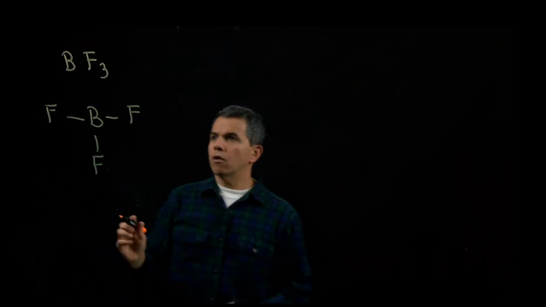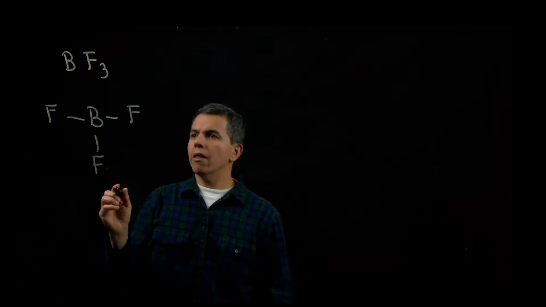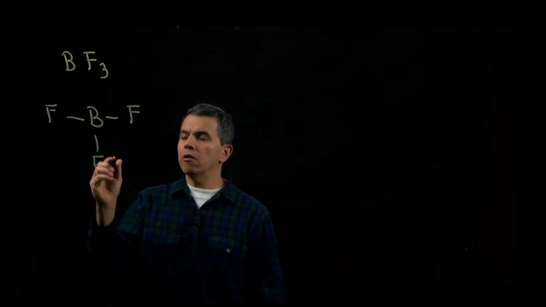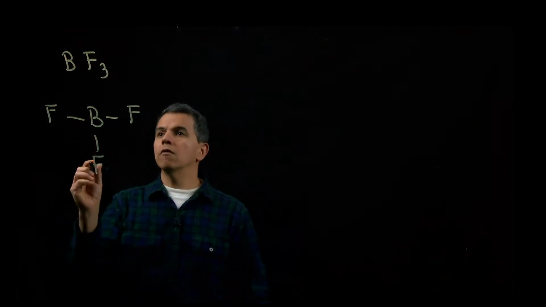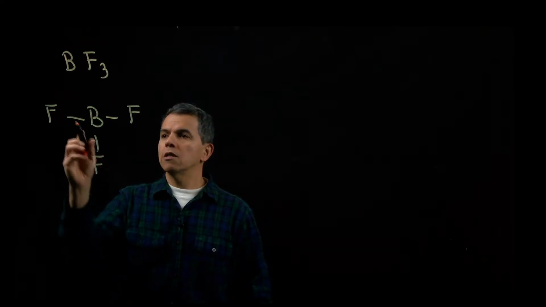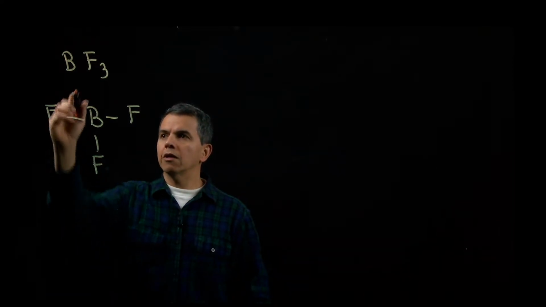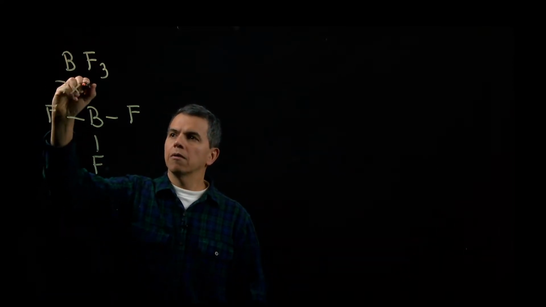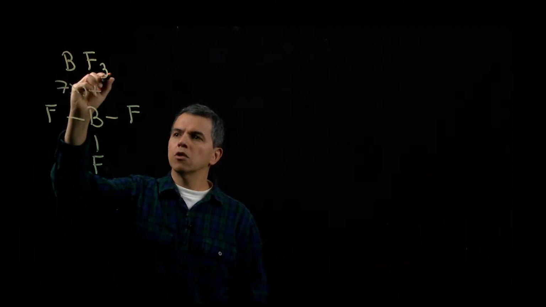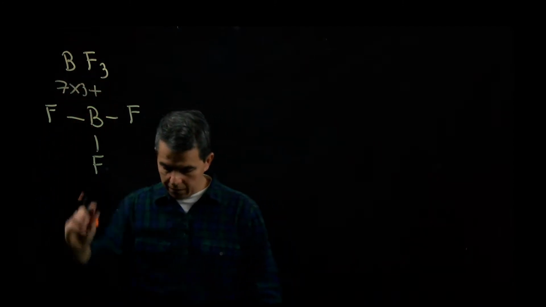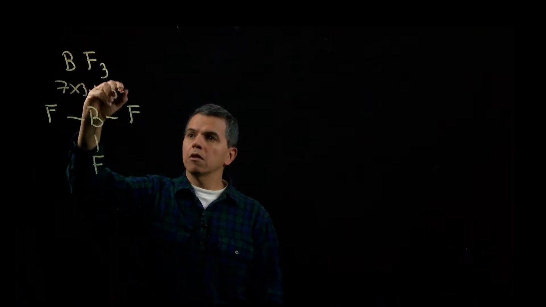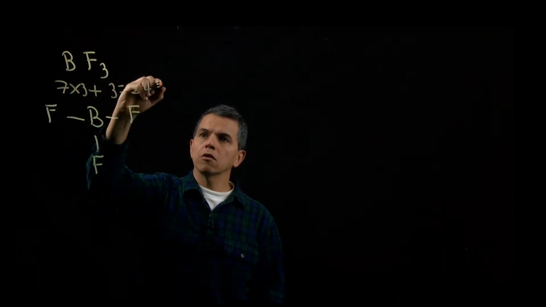And then if we do quickly the math for this particular compound, we know we have 24 electrons. 7 for each fluorine, 7 times 3 is 21, plus we have 3 for boron, so 24 electrons.